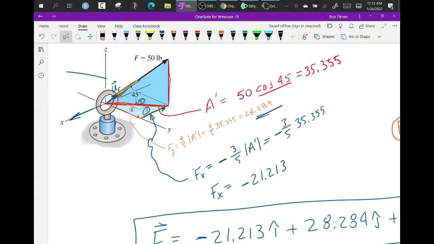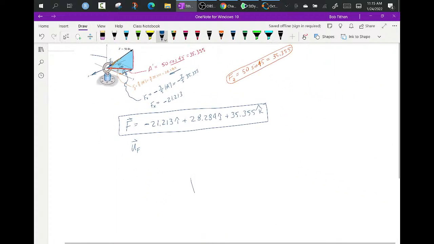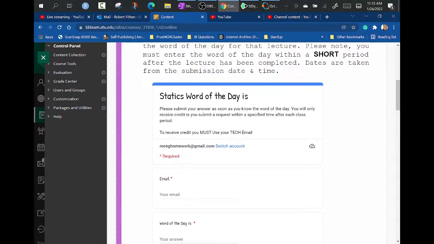Oh, yeah, word of the day. Here we go. Let's do a stop here. Sorry about that. Sometimes I forget. I'm going to just put my own in there.